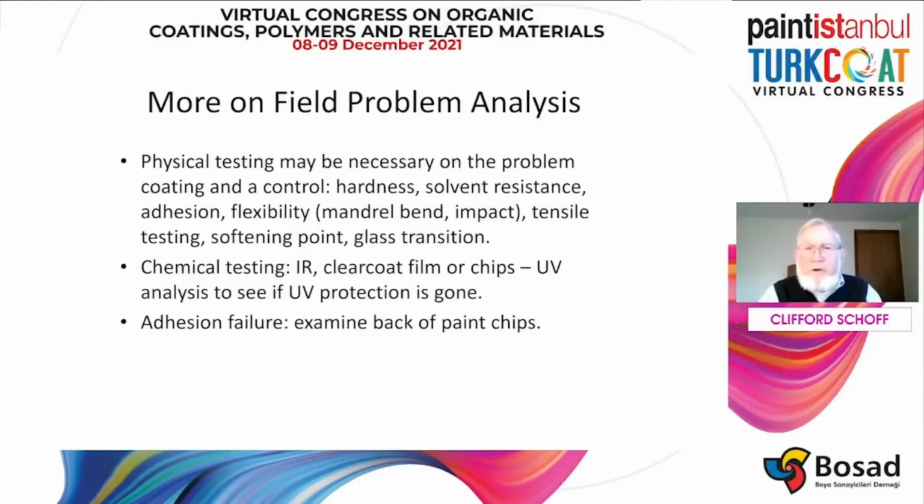And one of the difficulties is when you see differences, were they because the original problem coating had something wrong with it, or was it just something that happened out in the field, maybe particularly high temperatures, very powerful sunlight in, say, someplace like Australia or a desert area of the United States.